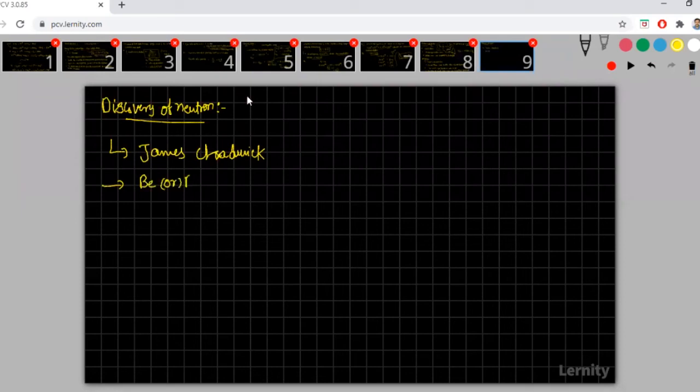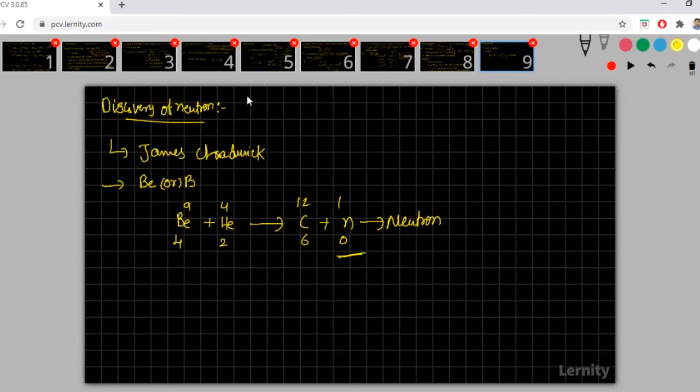When beryllium-9 (Be 4,9) is bombarded with helium (He 2,4), what is generated? Carbon-12 (C 6,12) plus a neutron. So when beryllium is bombarded with helium, a neutron is generated.